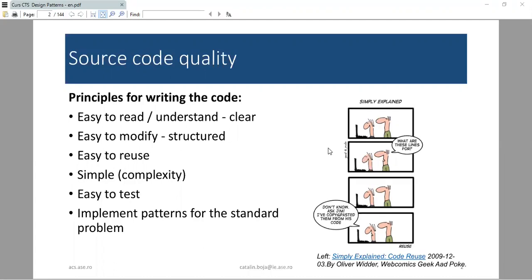Why? Because it will be easier to read those functions and those classes. Because of that, it will be easier to understand what you or your colleagues have done there. And in the end, the logical conclusion will be that it will be easier to change, fix, or refactor it.